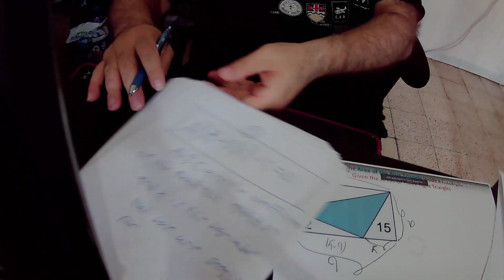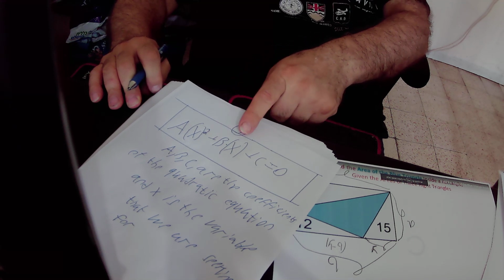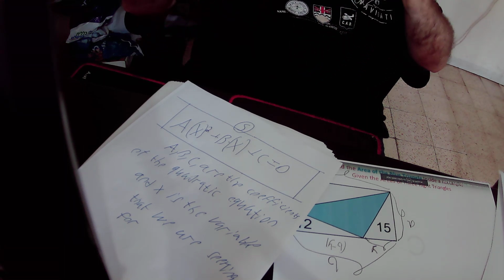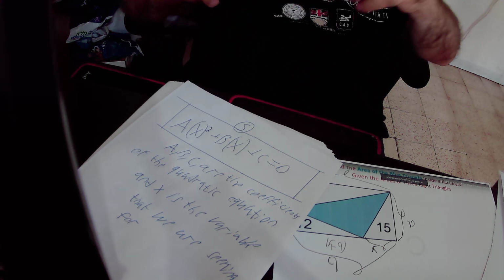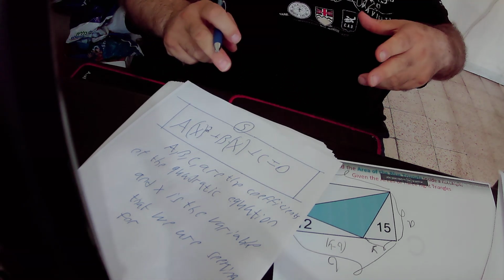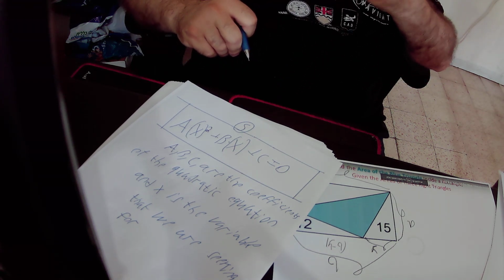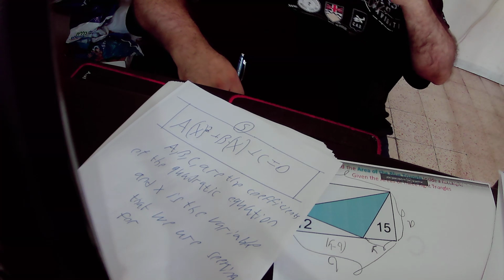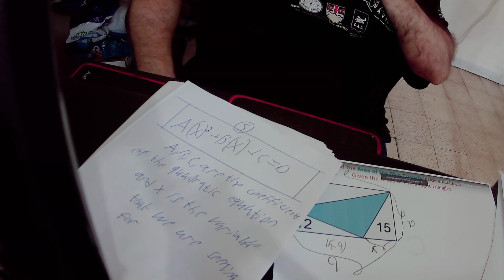Okay, again, a times x squared plus b times x plus c equals 0. A, b, and c are the coefficients of a quadratic equation, and x is the variable that we are trying to find. In order to find the value of x, we have a special equation.